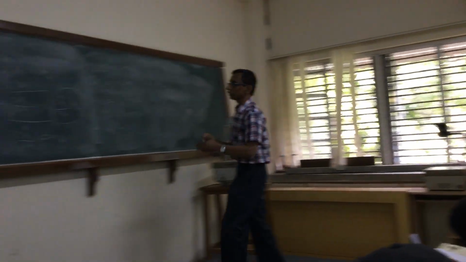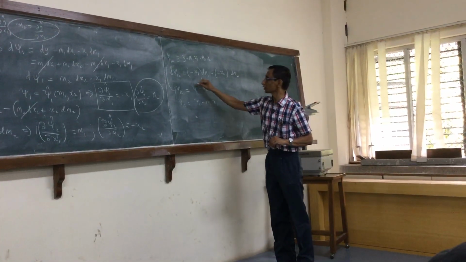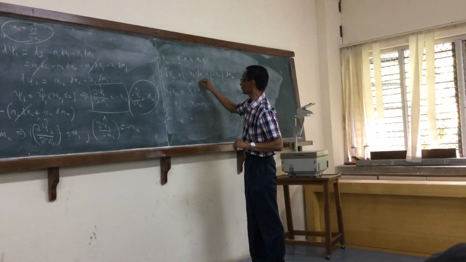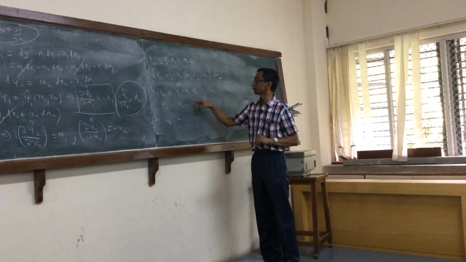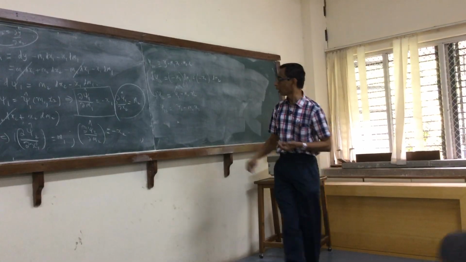Right? So I have reached psi 1, and that is a function of m1 x2. By doing m2 x2, I eliminate x2 and get to psi 1 2, which is a function of m1 and m2.